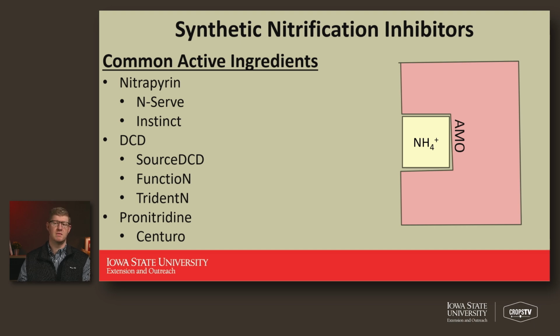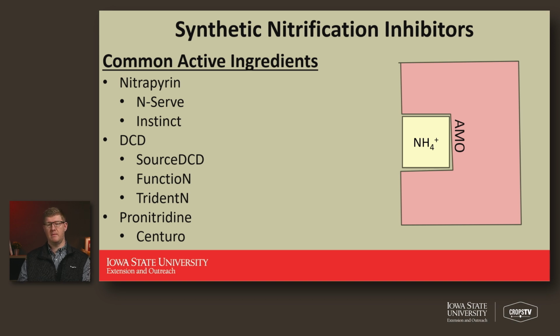So, let's say Nitrosomonas. And where you see AMO listed there, that stands for ammonia monooxygenase. All you need to know is that that is the enzyme inside the microbe that is responsible for the conversion of ammonium into nitrite. So, that first step in the nitrification process.